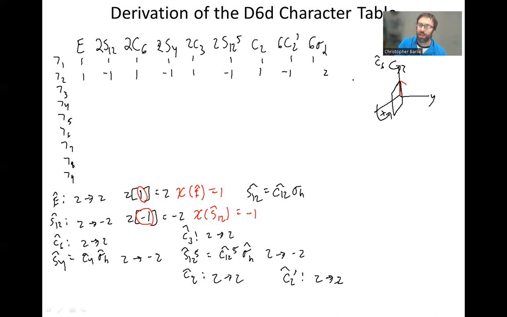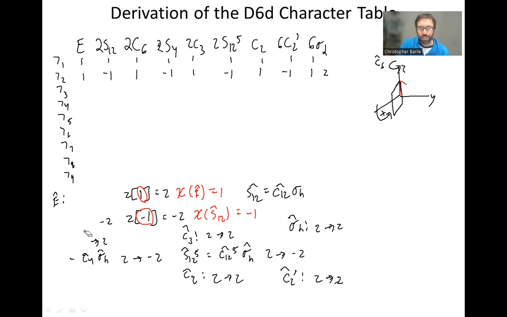We just need to recall that dihedrals and vertical mirror planes both are similar in the sense that they both contain the principal rotation axis. And if they contain the principal rotation axis, that means that z is going to go to z, right? Because the vector is in the mirror plane. And so with that, we relatively quickly derived our first irreducible representation.